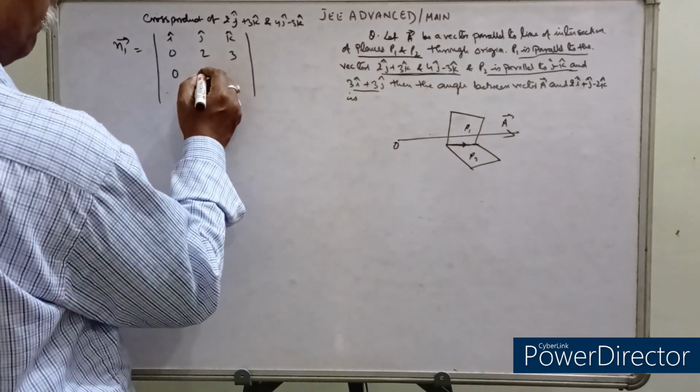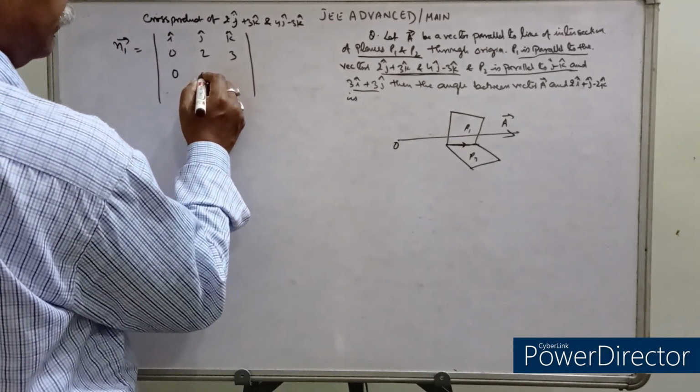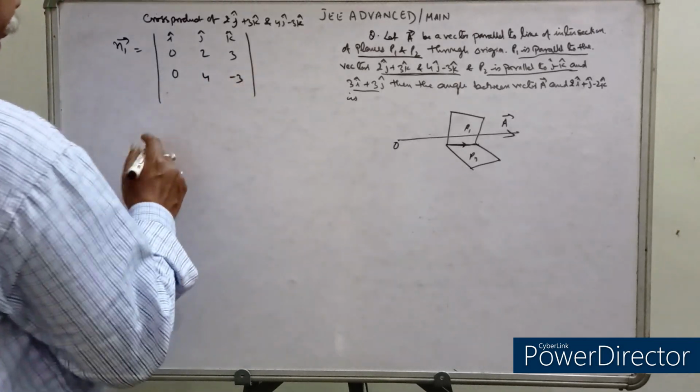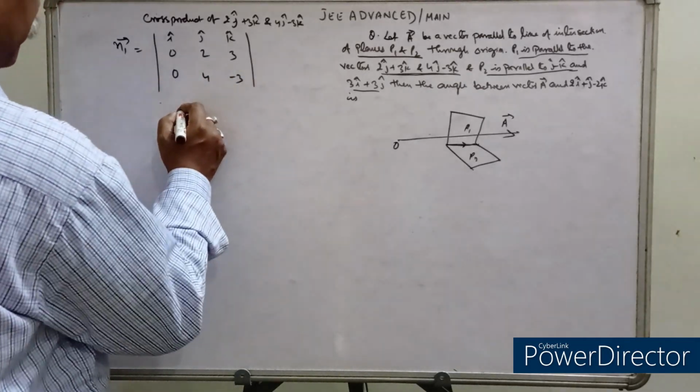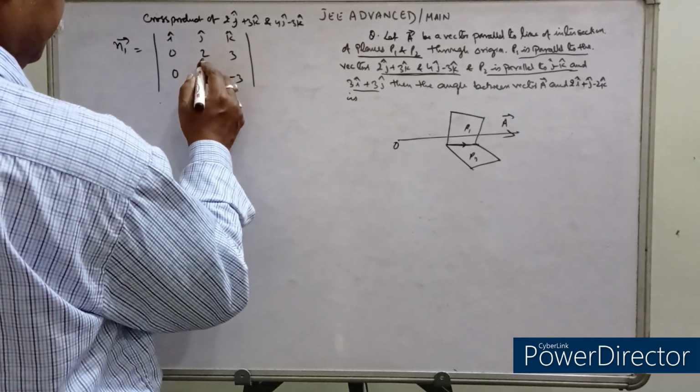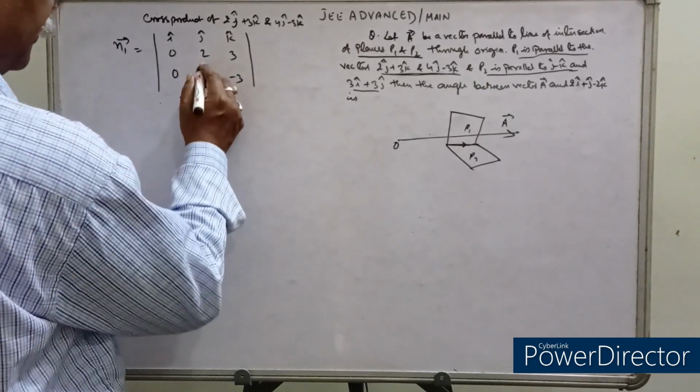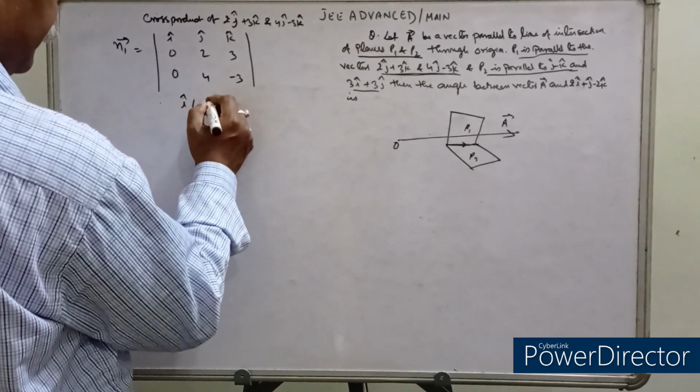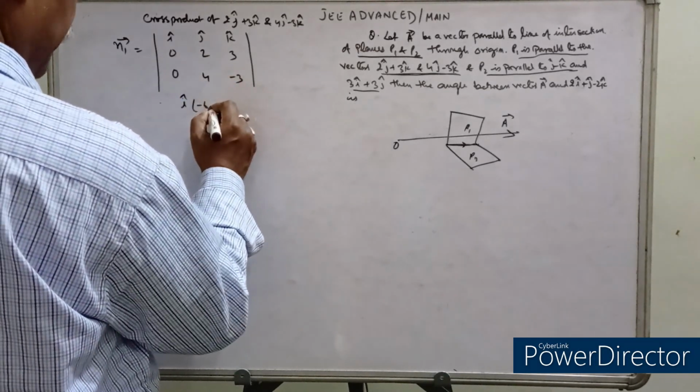That is 4, minus 3. So this will be i cap times this into this minus this into this, that is minus 6 minus 12.